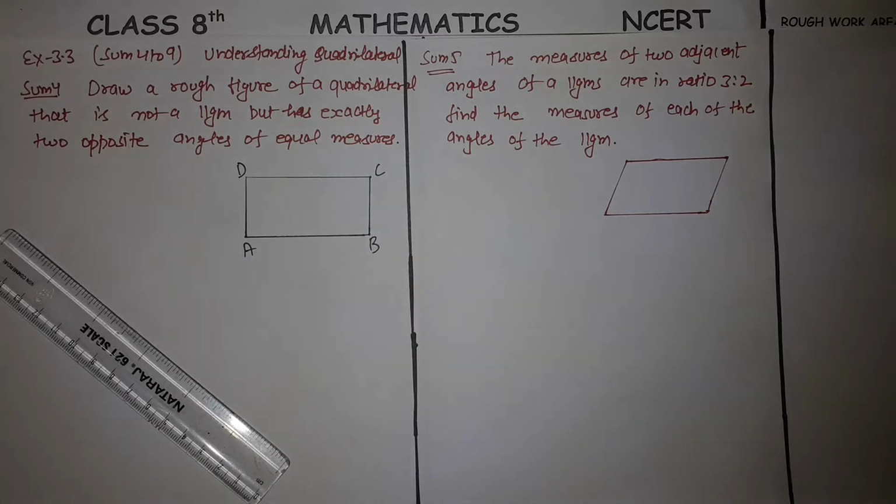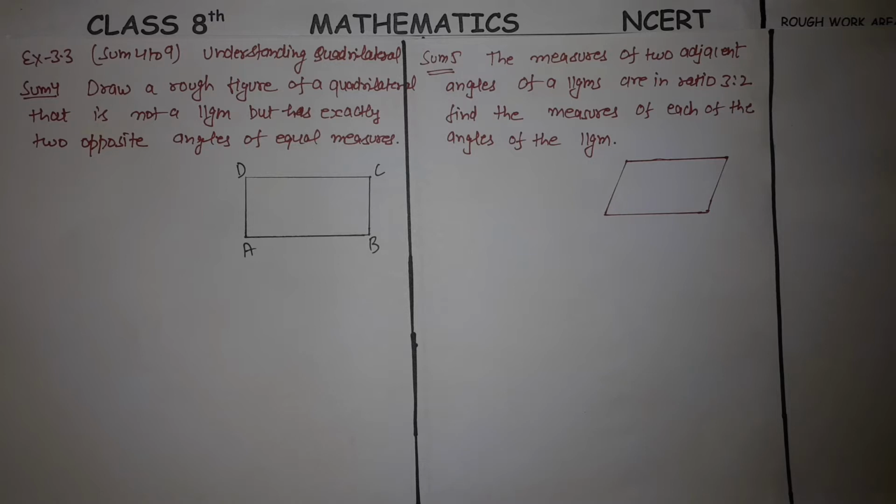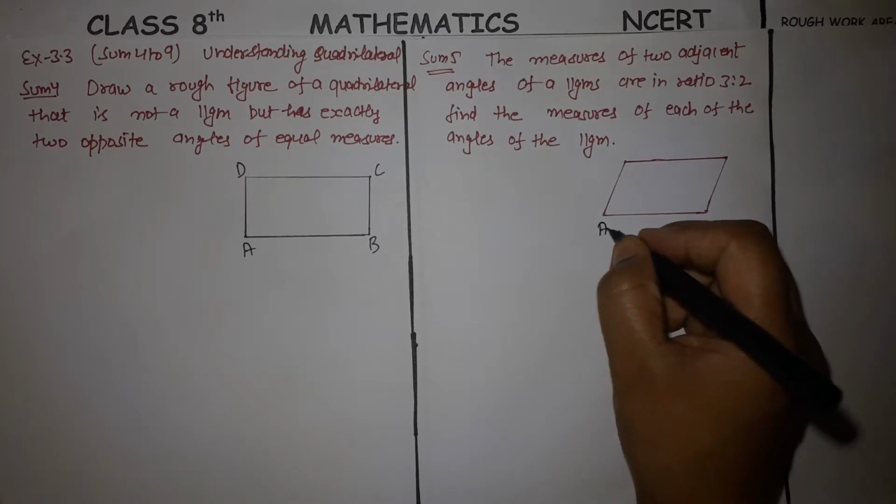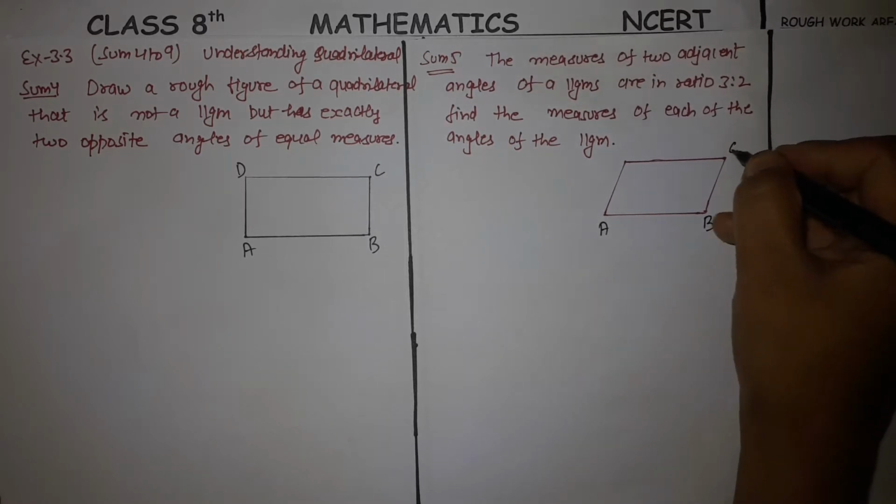Sum number 5. The measures of two adjacent angles of a parallelogram are in the ratio 3:2. Find the measures of each of the angles of the parallelogram. Parallelogram, name of it ABCD.